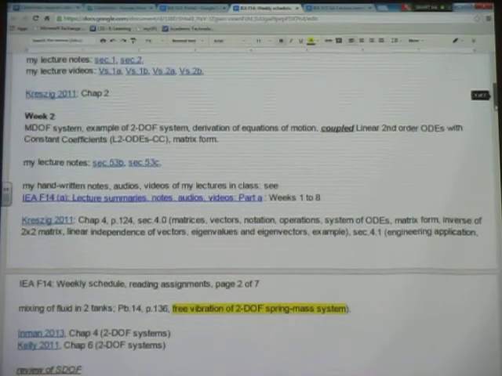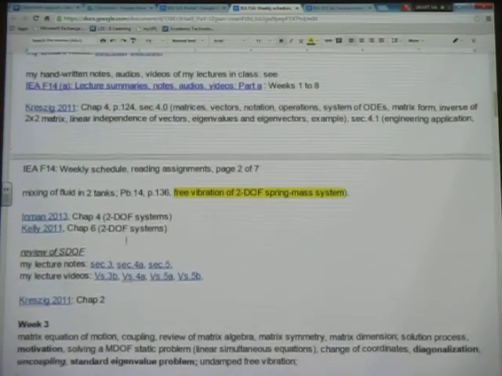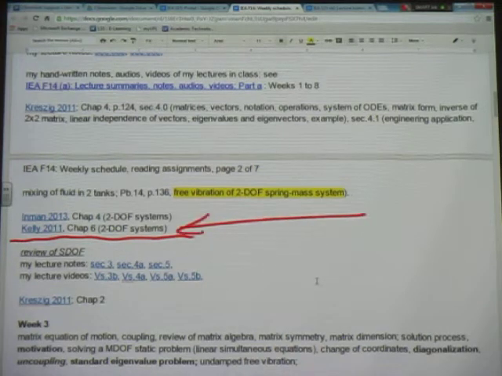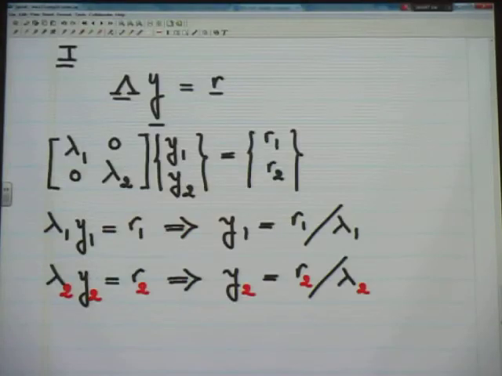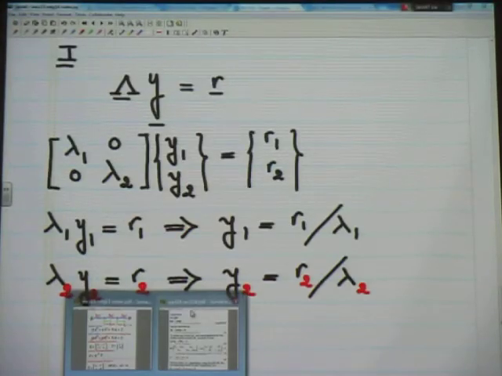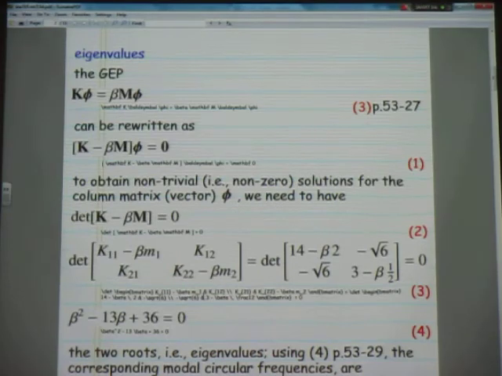For example, I noted down here, chapter 6 in Kelly is about the 2-degree-of-freedom system. I also give a new reference in my 2013 different chapter numbers, and then chapter 8 and chapter 9 will be things that we will address. Okay, so let's go back to here. This is a new topic.